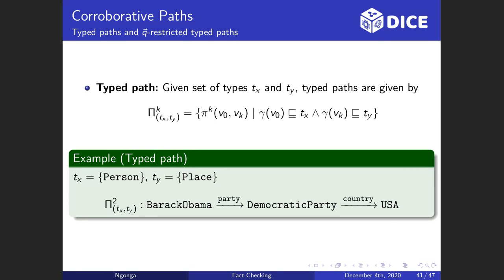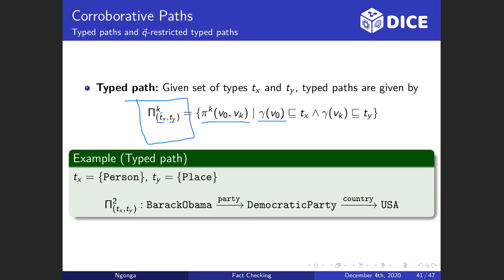We'll say a typed path K, or the set of typed paths between the types Tx and Ty of length K, are basically paths pi K, V0, Vk, such that gamma V0 basically tells you the different types that the resource V0 has.